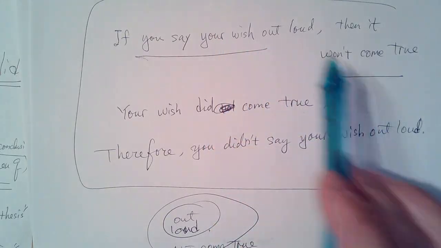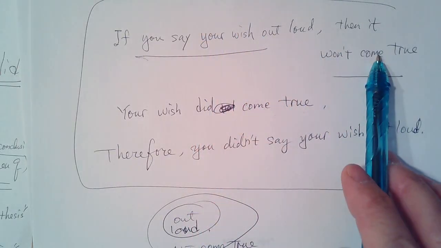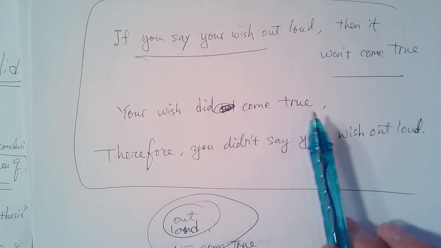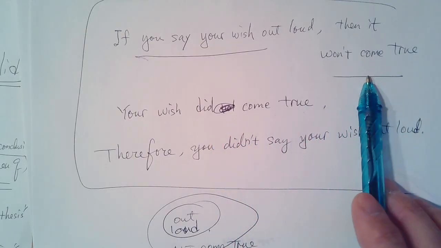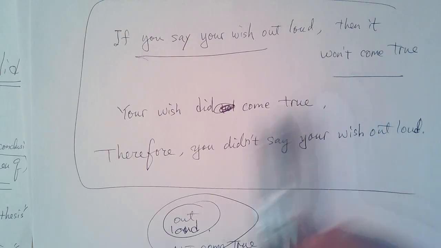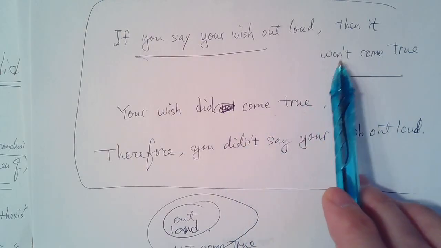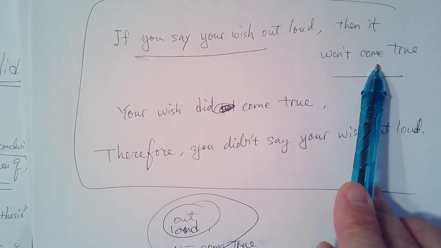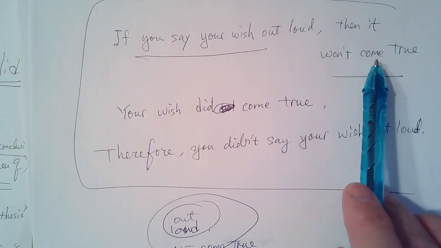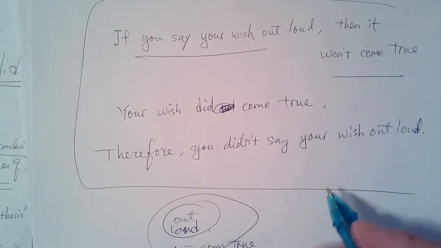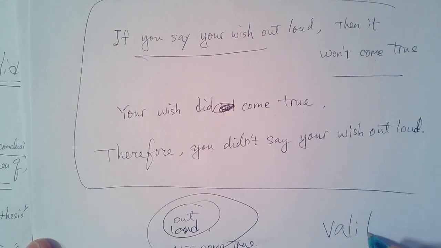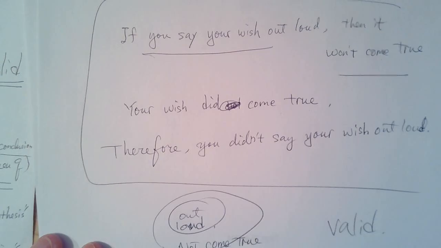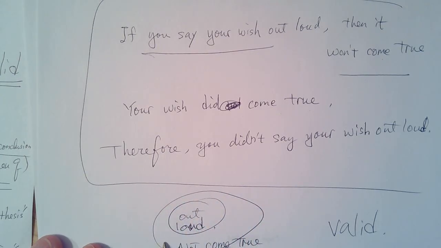So if then, this is a hypothesis, this is a conclusion. Your wish did come true. So what you're doing is you're denying, because this is a little tricky here. It says it won't come true, but your wish did come true. So you're denying the conclusion, which is going to be a valid statement.